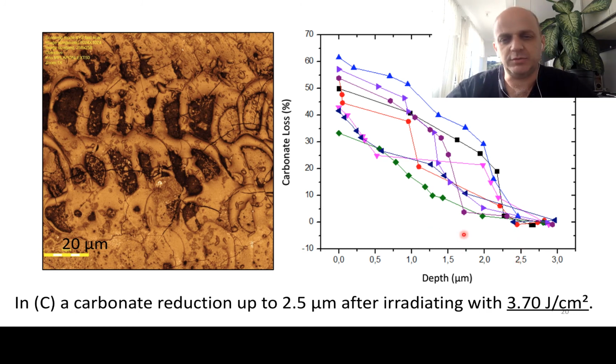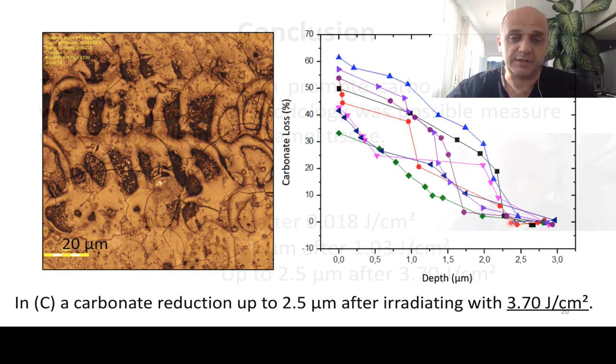It is important to note that these different values are from different samples. Then we have some variance from one sample to another, but the mean values represent the same value at the final depth when you observe the carbonate loss near 0.